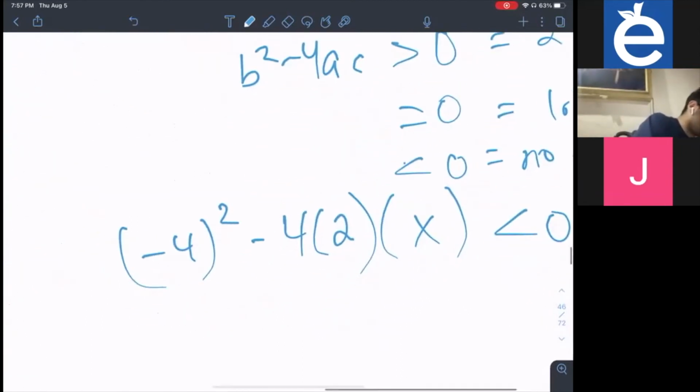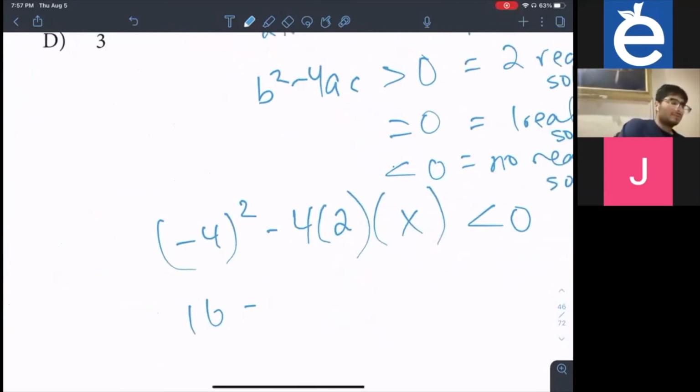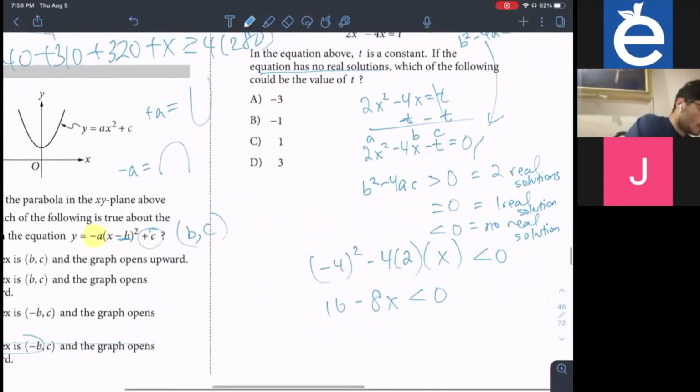Okay, so negative 4 squared is 16, and then negative 4 times 2 times x is negative 8x is less than 0. And then we add 8 on both sides. No, what am I doing wrong?